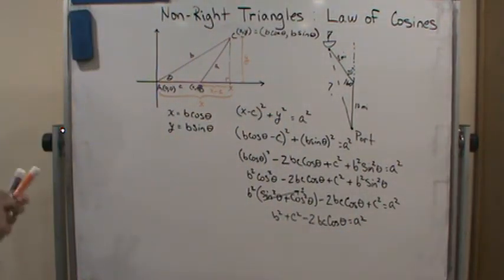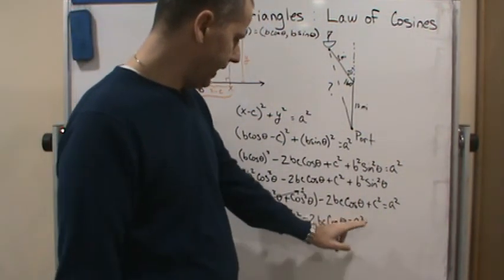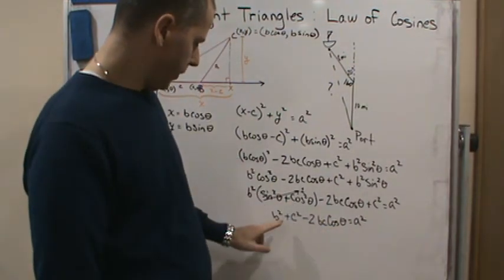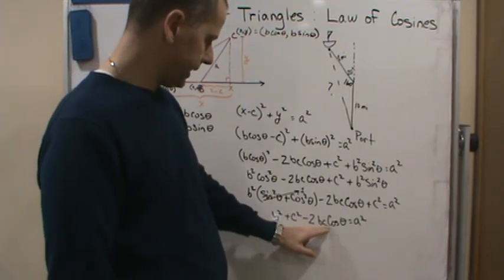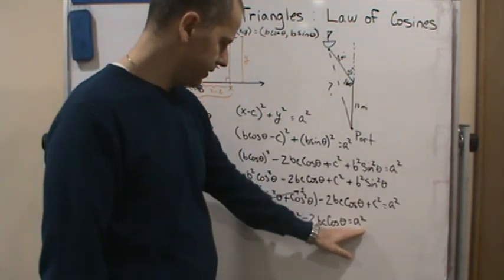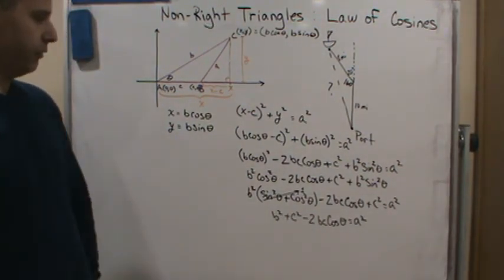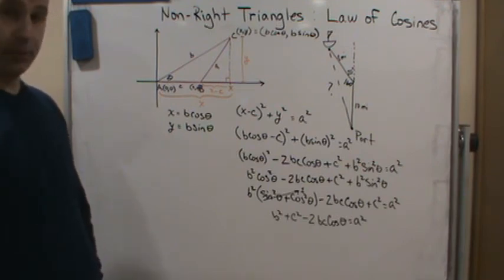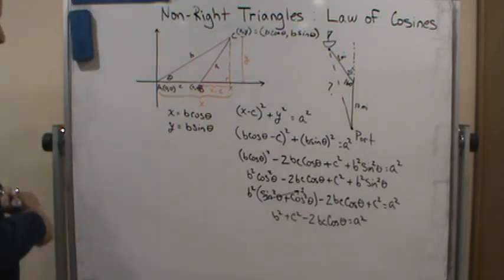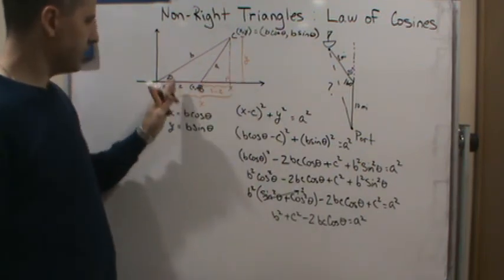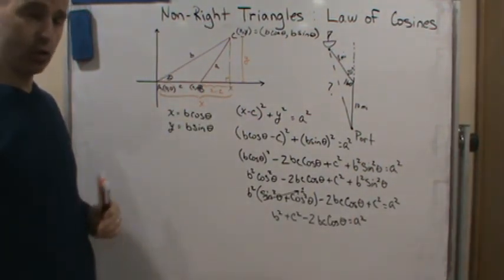And notice this relationship. a squared is equal to b squared plus c squared minus 2 times bc cosine theta. And this is one of the laws of cosines for solving for a side of this type of triangle. Now, there are two other laws of cosines depending on which sides you have, the orientation of the triangle.